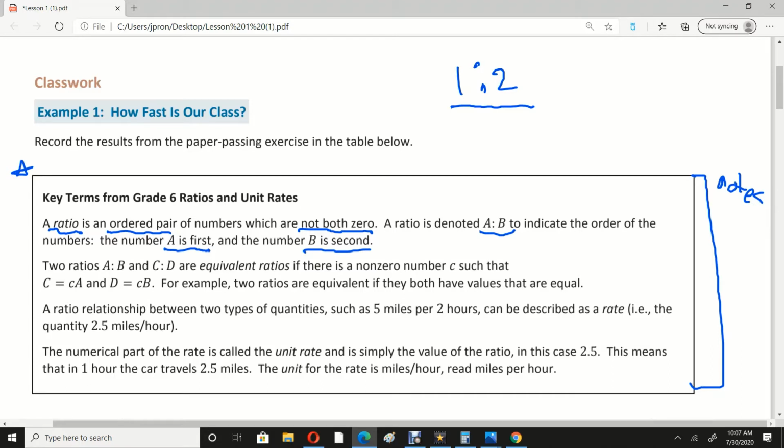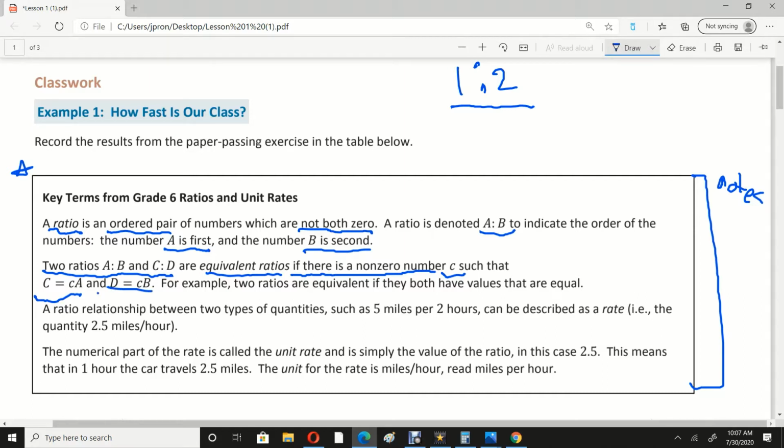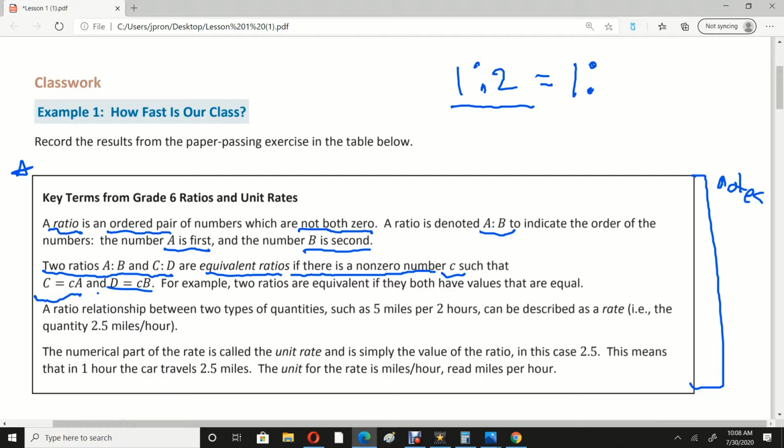Two ratios, A:B and C:D, are equivalent ratios if they are non-zero numbers, if there is a non-zero number c such that C equals c times A and D equals c times B. For example, two ratios are equivalent if they both have values that are equal. So, for example, 1 to 2 is the same as 1 to 2.